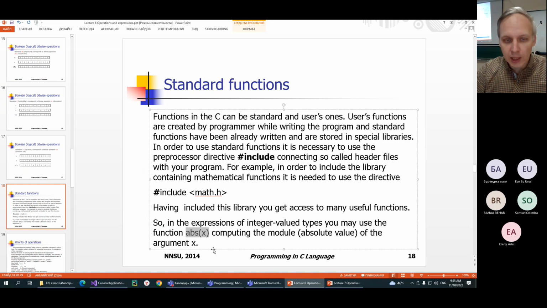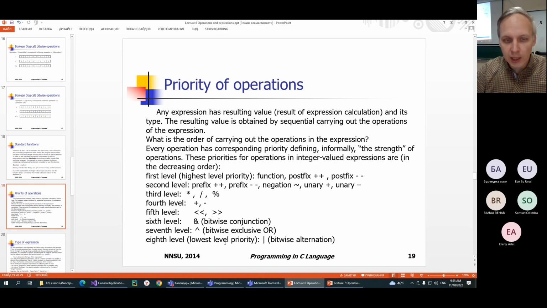What is the absolute value, or module? The result will be the same if this number is positive, and the result will be minus x if the number is negative.